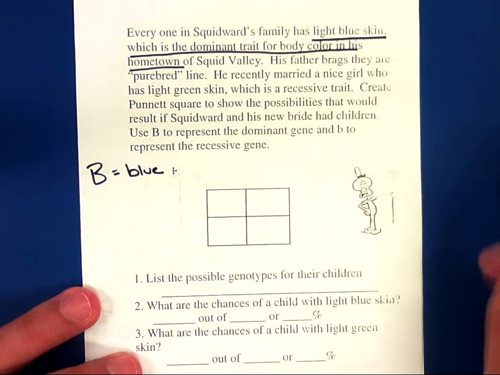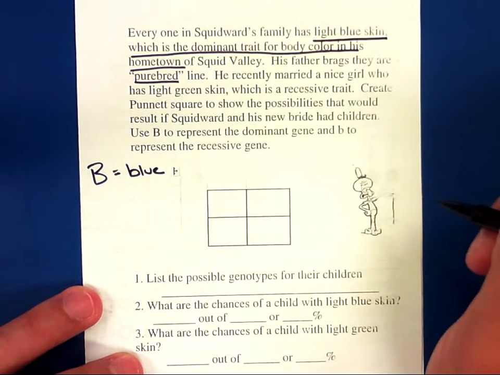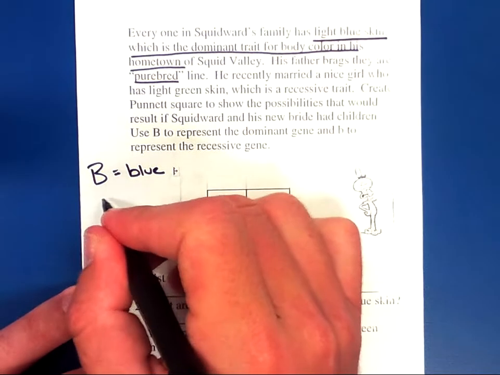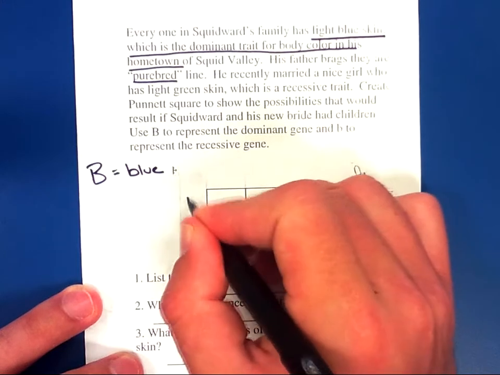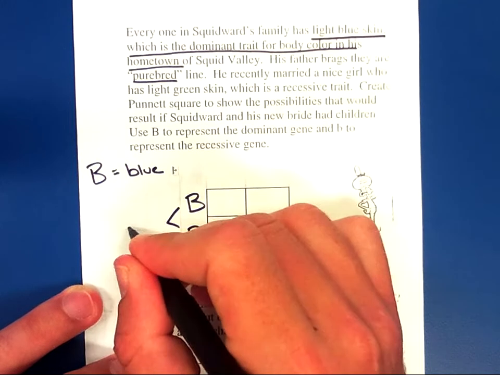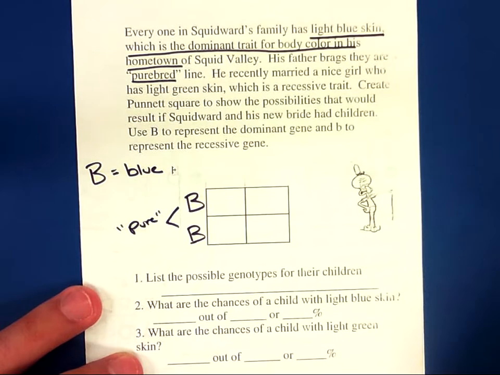His father brags they are a purebred line. So if they're purebred, what is their genotype? Homozygous. So Squidward is going to be homozygous dominant because they are what you call pure. Means they are homozygous.